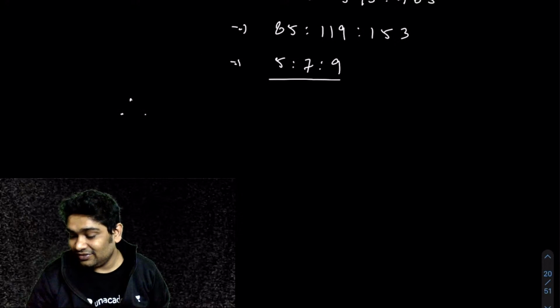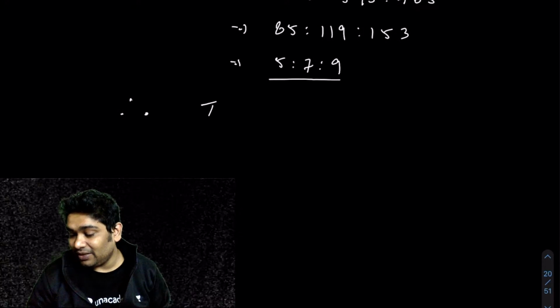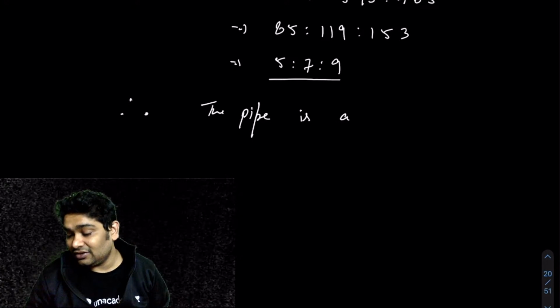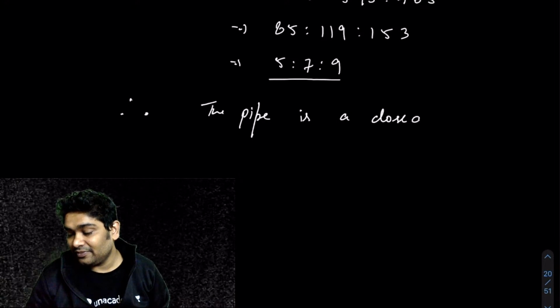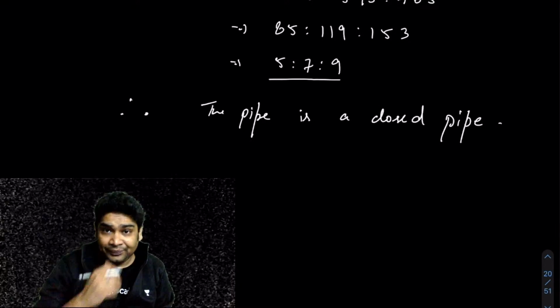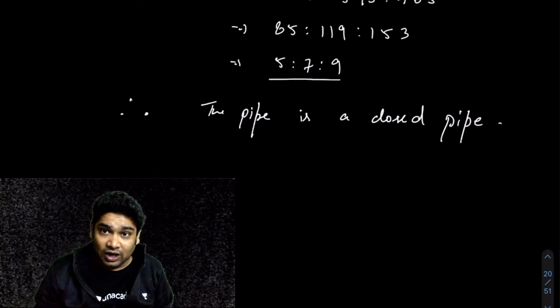Therefore, the pipe is a closed pipe. You are getting odd harmonics only, different odd harmonics.